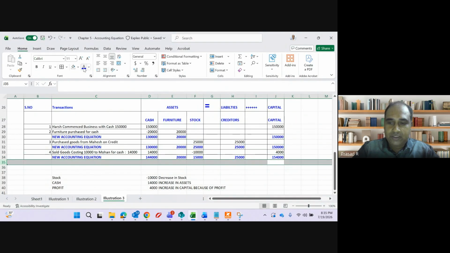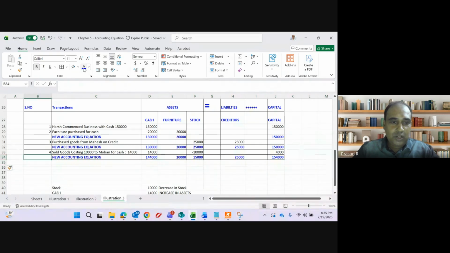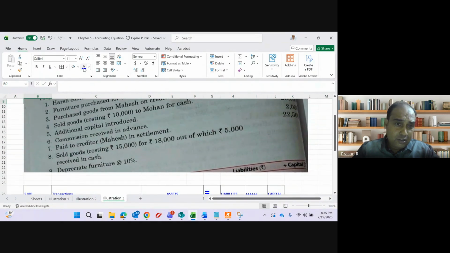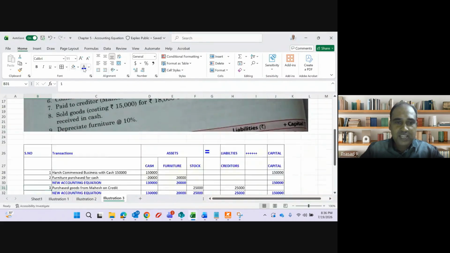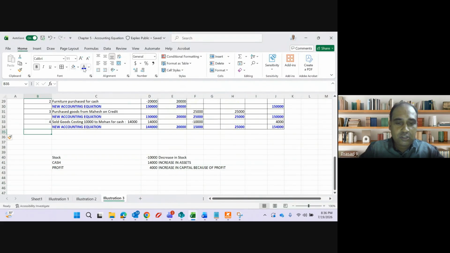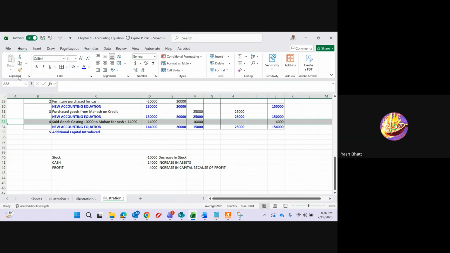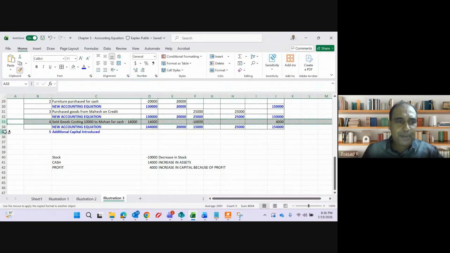Next accounting equation. What is the next one? Additional capital introduced. Very simple. Additional capital introduced is similar to initial capital introduced, no change in concept. Which two places? Cash account and capital account. Increase in cash and increase in capital.